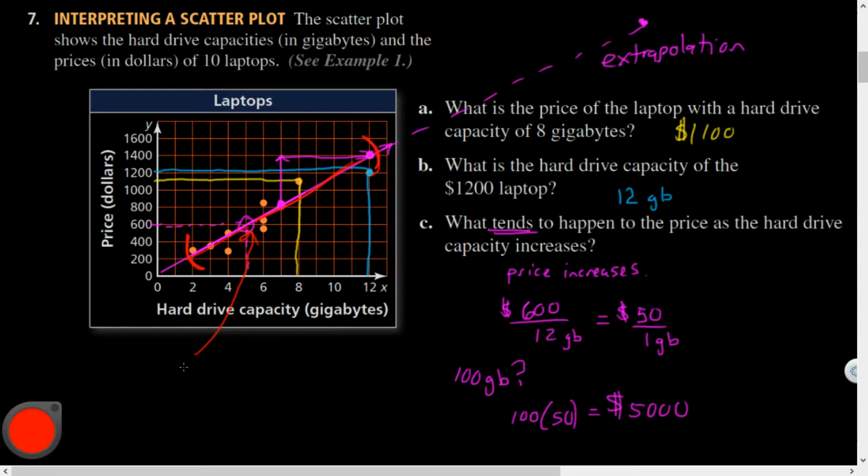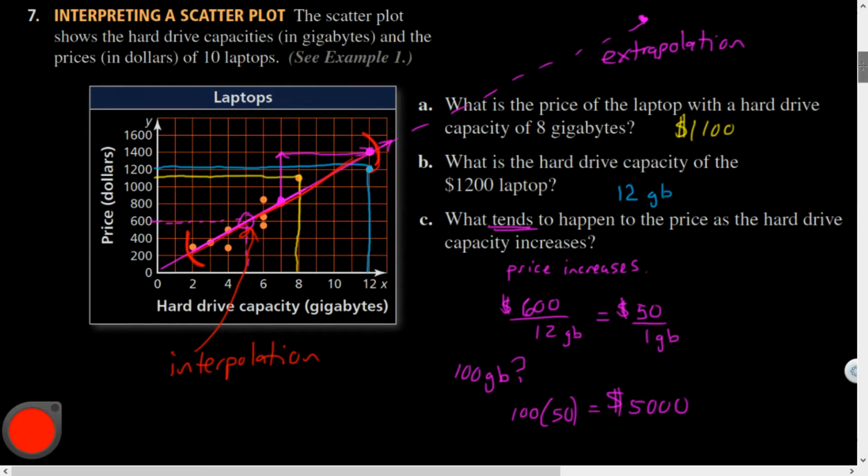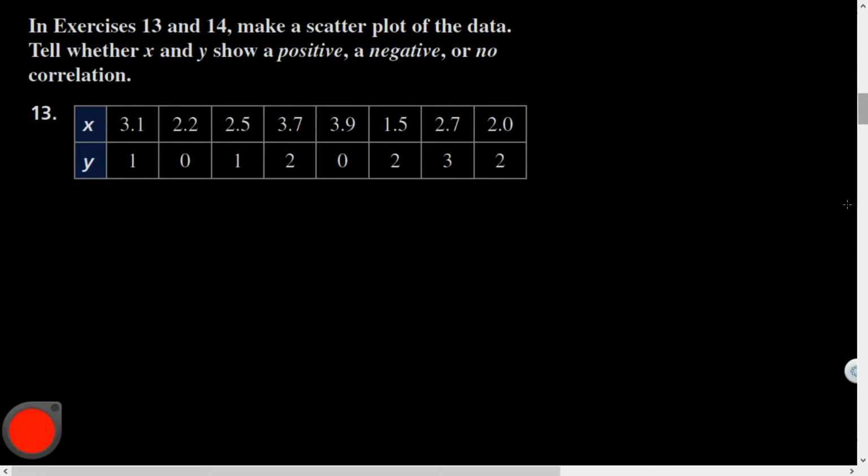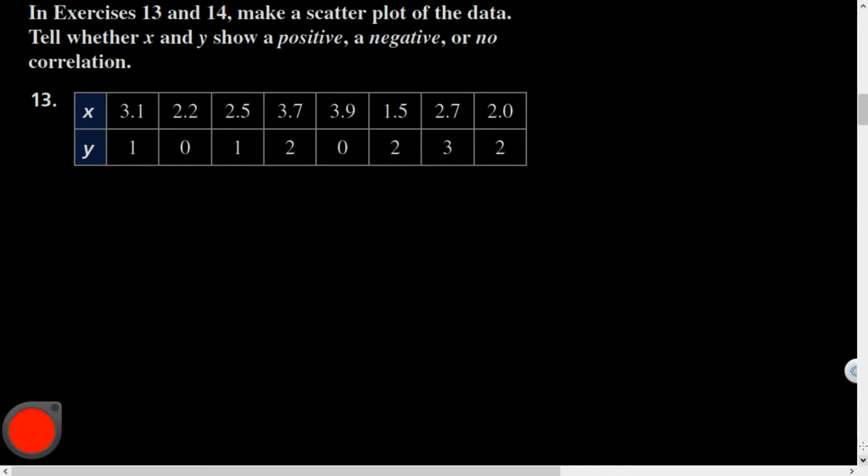A prediction there would be called interpolation. All right, those are some words that might come in handy someday for you. Extrapolation is when you're predicting beyond the domain of your data originally. Interpolation is when you're making a prediction within. All right, so that was more than they asked you, but sometimes you get more learning when you keep trying.